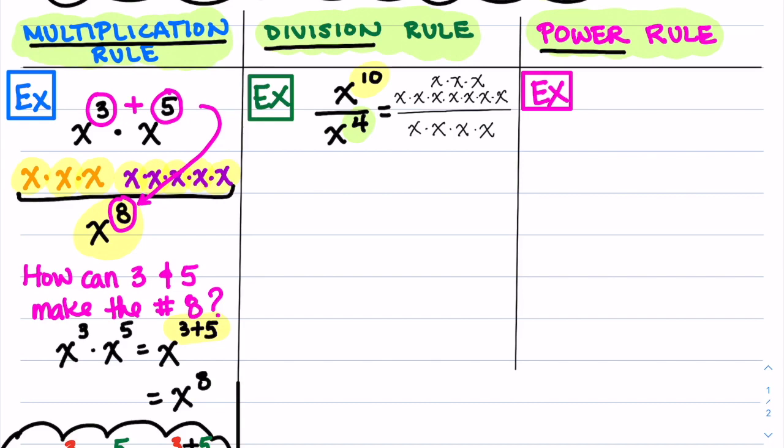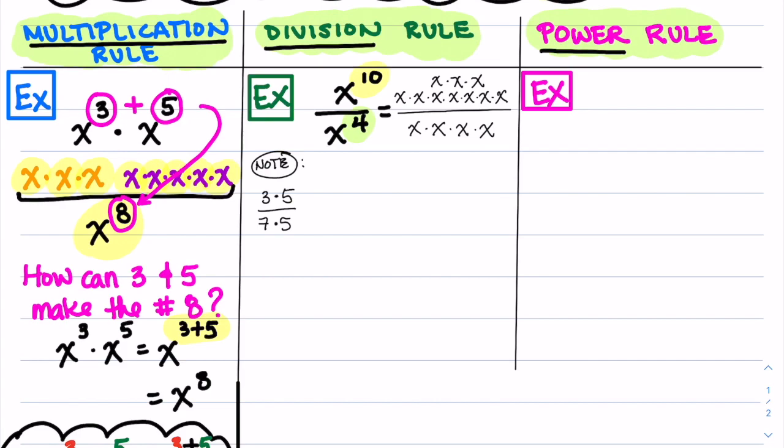And hopefully at some point in your earlier math education, maybe in a younger grade, you learned what happens when we divide a number by itself. So, quick side note. Let's say you had 3 times 5 divided by 7 times 5.